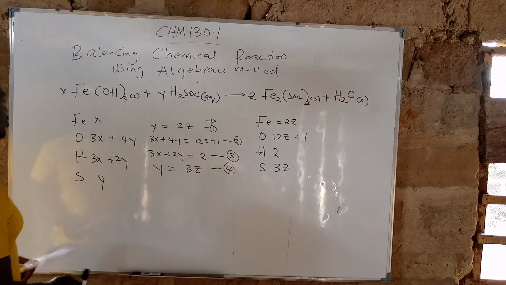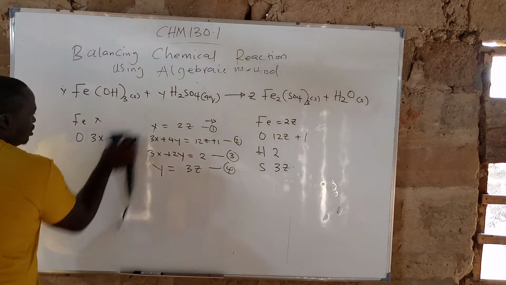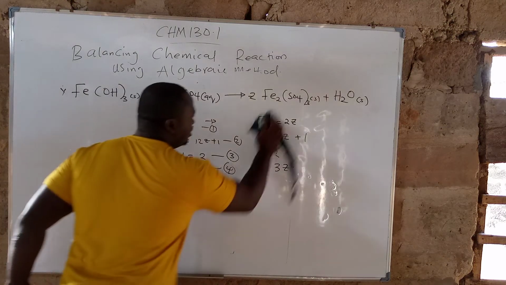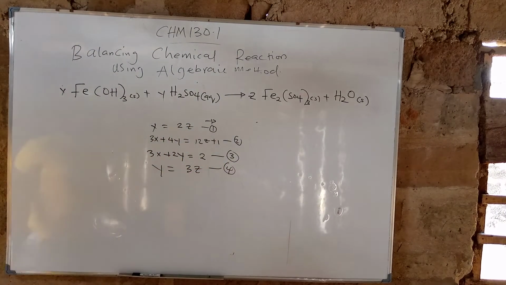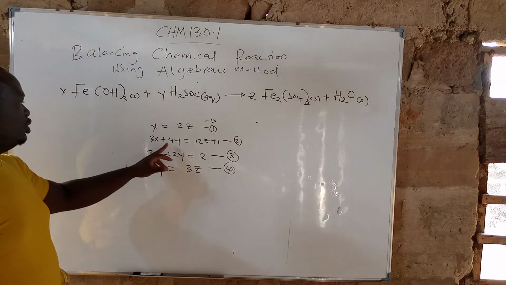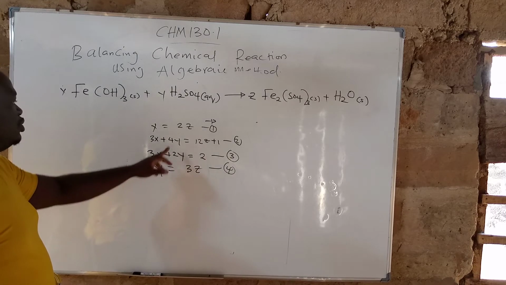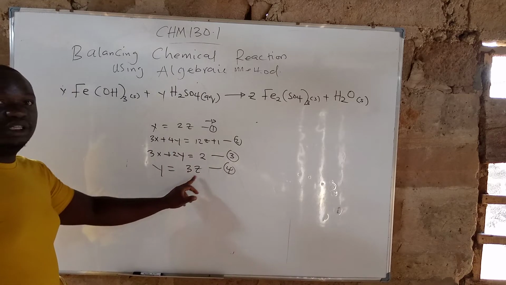Now look at what I want to do. I want to put equation 1 and equation 4 into equation 2. So what it means is, whenever I see X in equation 2, I'll replace it with 2Z. And whenever I see Y in equation 2, I'll replace it with 3Z.